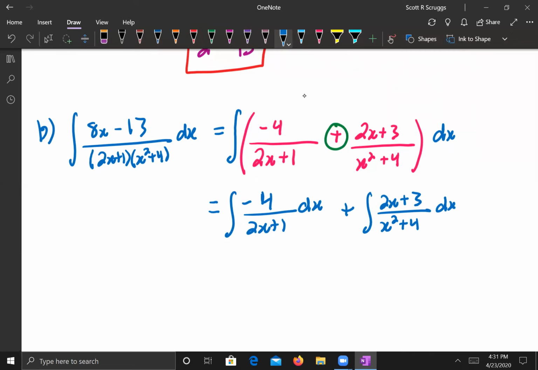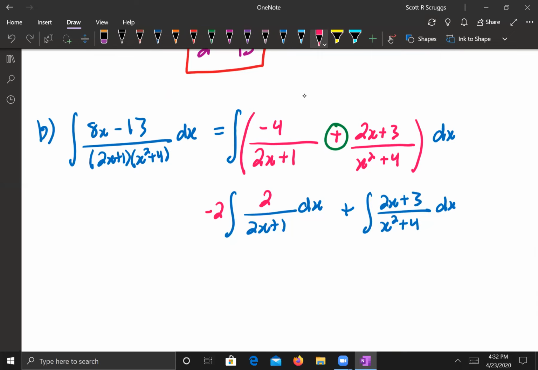So for the first integral, we win automatically because the derivative of 2x plus 1 is 2, which means I could do a u sub to quickly get that derivative. I can rewrite negative 4 as negative 2 factored, and then the 2 inside the integral.